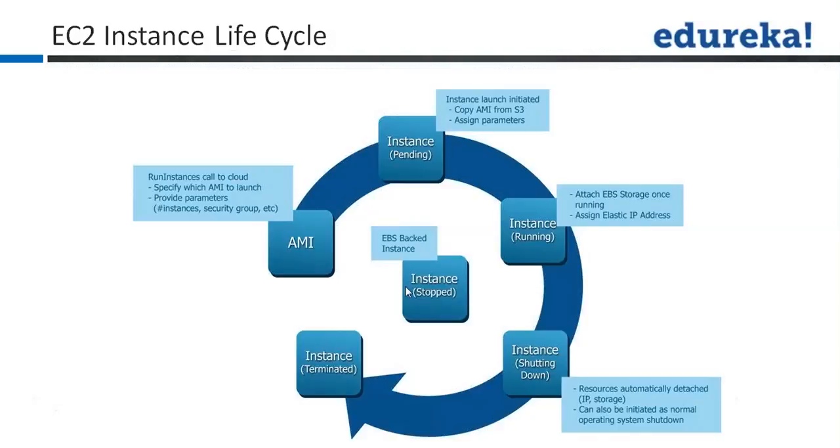They provide you an additional state called the stopped instance state, which will allow you, when your instance is running, to stop the instance. When you stop the instance, it will not cost you the running cost. This stop is more like a hibernate kind of state, and we will see it again in detail after a few slides.